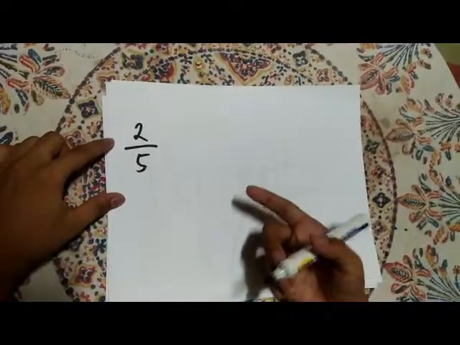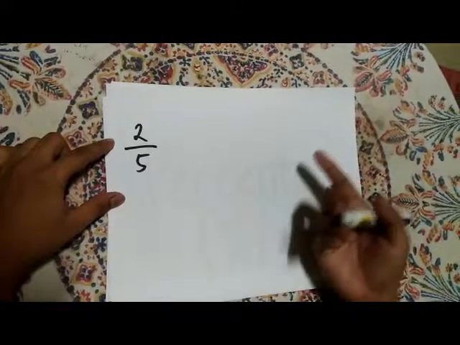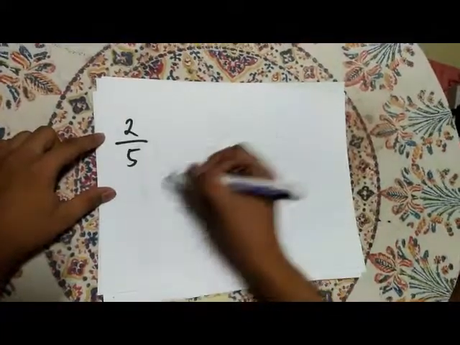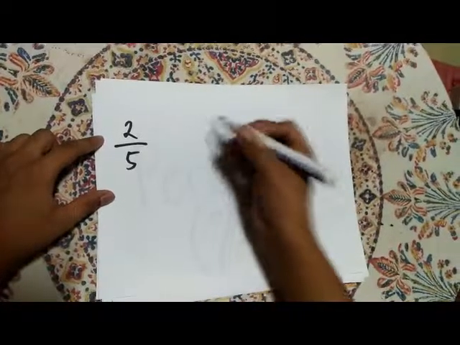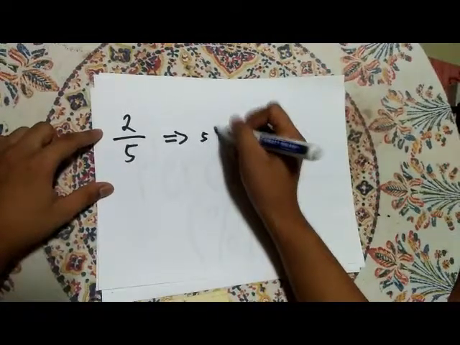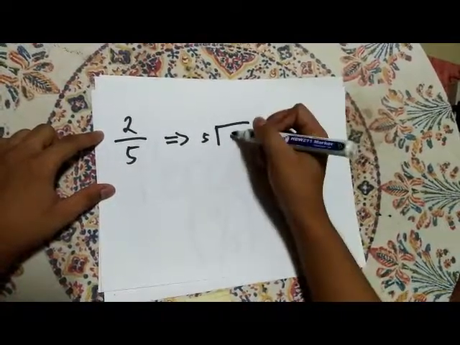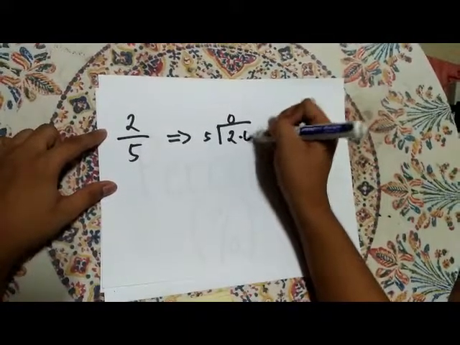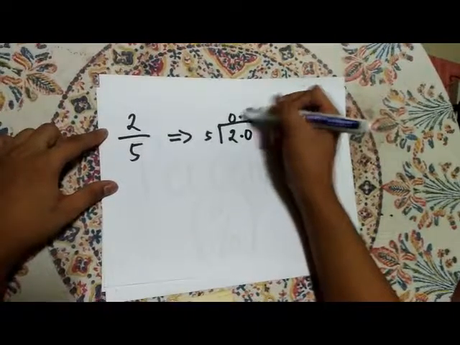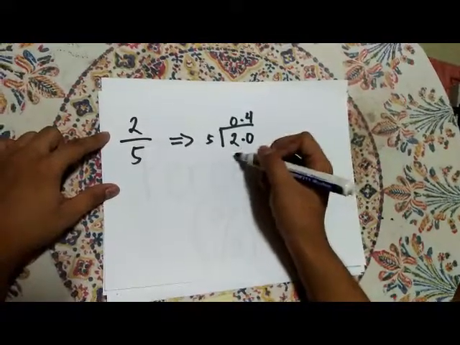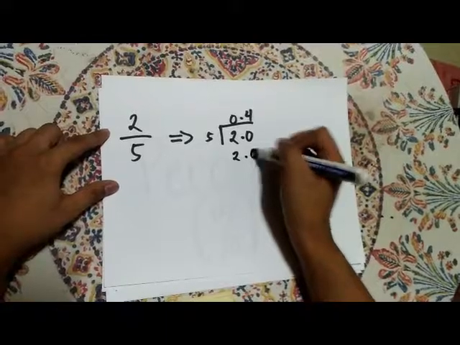We'll just divide 2, the numerator, by 5, the denominator. 2 divided by 5 is 0.4.